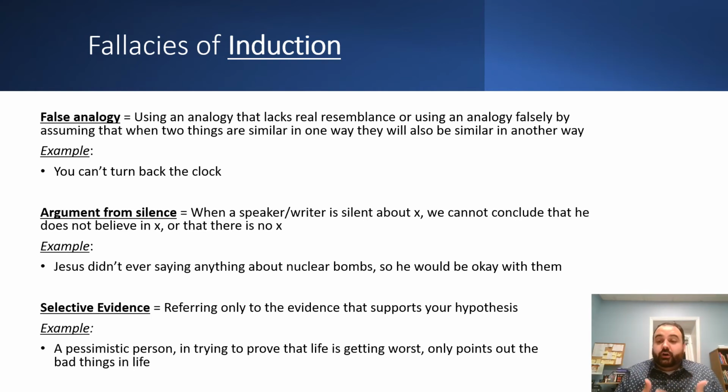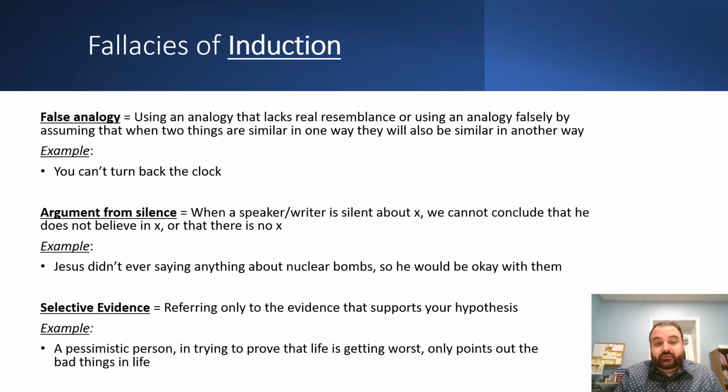You would have to try to argue based on Jesus' premises about violence and nonviolence as a better use of evidence to try to argue what Christianity should or should not do about nuclear weapons. Simply saying that Jesus never said the phrase nuclear bombs and said nothing about it doesn't automatically mean he would be okay with it. It also doesn't automatically mean he would be against it. Silence doesn't mean consent. That's another way of saying argument from silence. Silence does not mean consent.